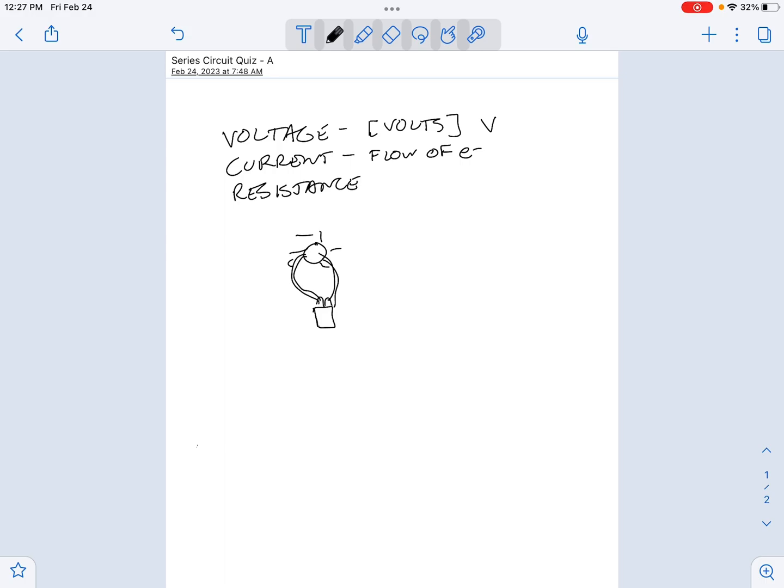And the light turns on because the voltage in the battery is causing pressure on the electrons that are in the wire and in the system, and it's causing all the electrons to move in a certain direction. And so the more pressure there is, the more electrons that flow. So that's current. And the variable that we assign to current is I. I don't know why they chose I, but they did. So I is for current. And the units for current are amperes.